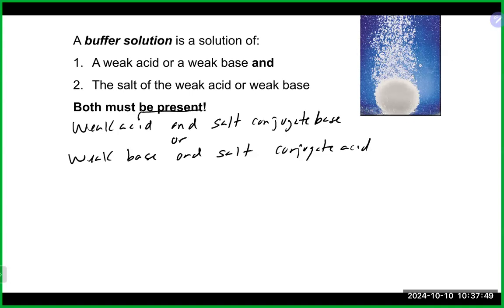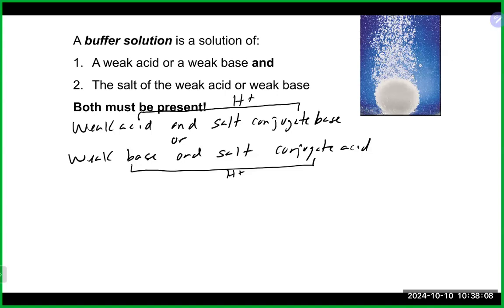What is the difference between the weak acid and conjugate base, or the weak base and the conjugate acid, is our Bronsted-Lowry definition of just one H plus difference. The salt means that the conjugate partner has a sodium, a potassium, one of those guys hanging out there, not really doing much. It's again a spectator ion.